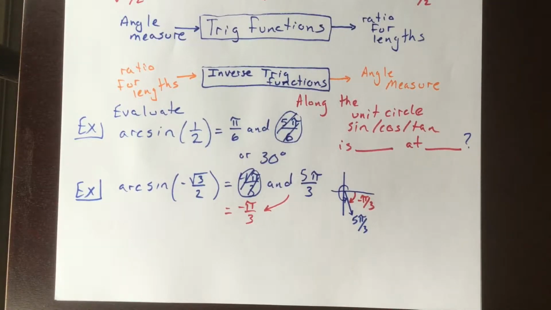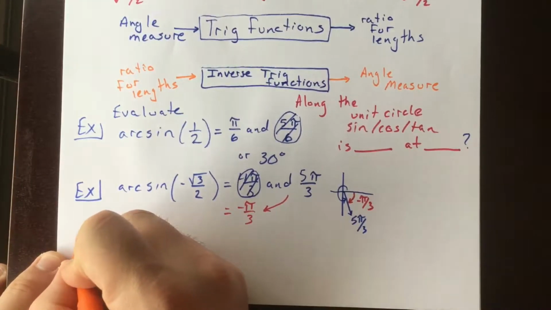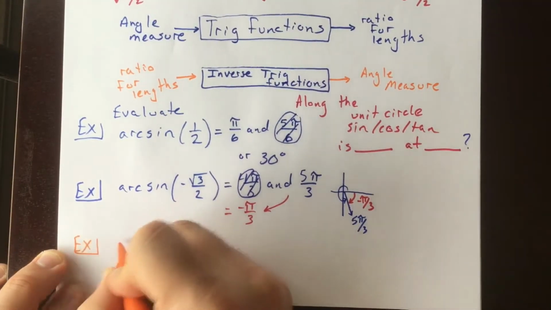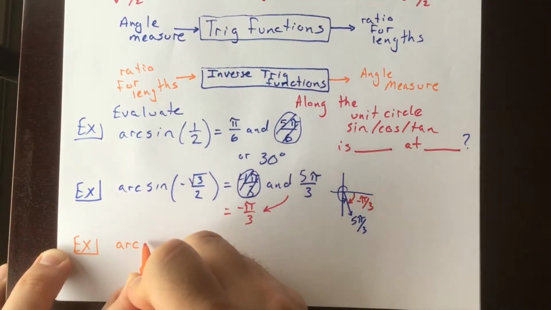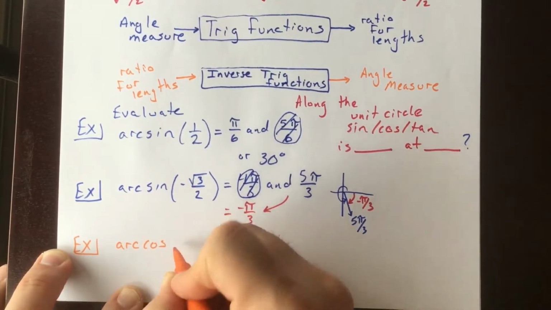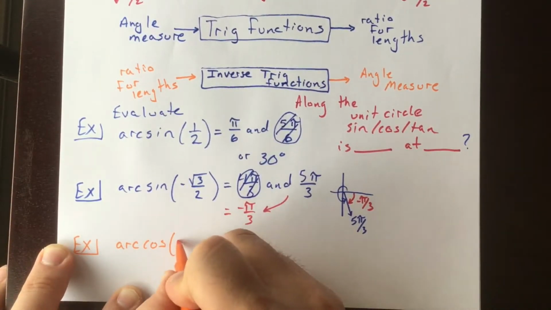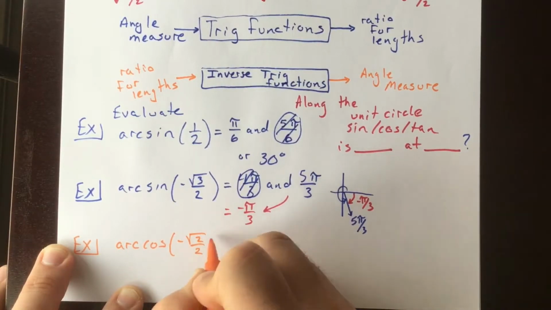All right, so what about, we want the value for arc cosine of negative square root of 2 over 2.